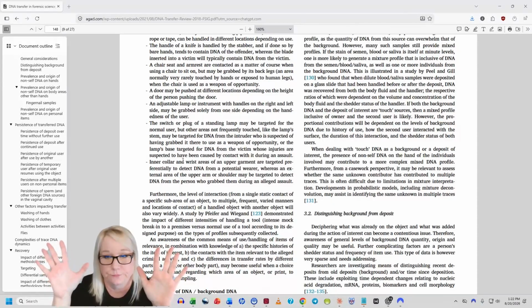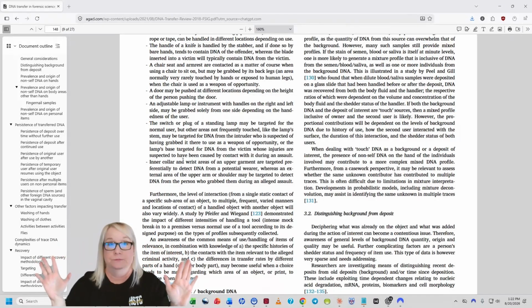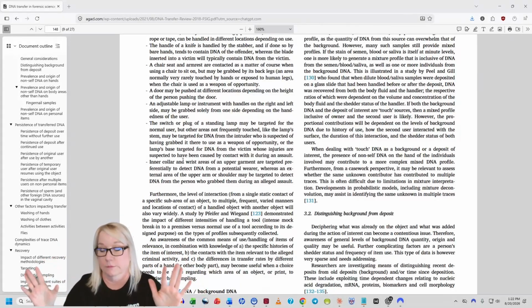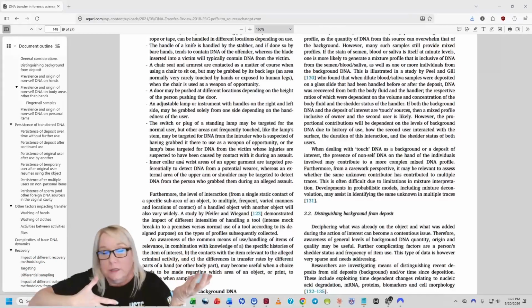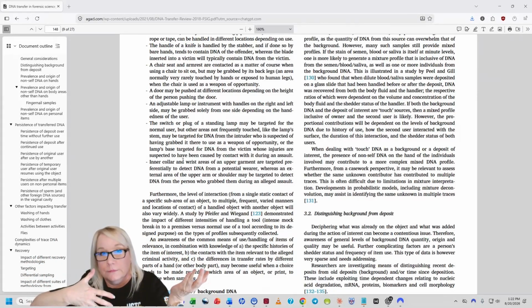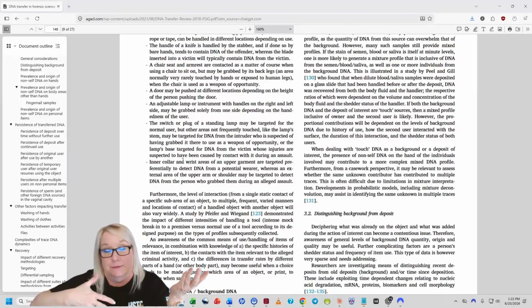Now, if I am the suspect and I pick up my rifle, let's say, my non-self DNA may not even get on the rifle, because what's getting on the rifle is all that DNA from the people at the grocery store.